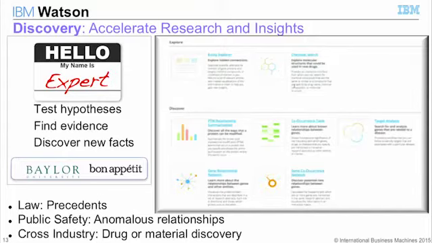Okay, we get that all the time. So what this system lets you do is look for relationships amongst enormous amounts of unstructured data. If you're a lawyer, you're interested in looking for a case that has relevance to the one you're studying now.